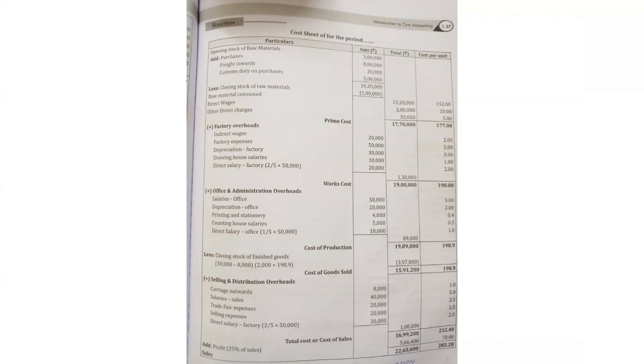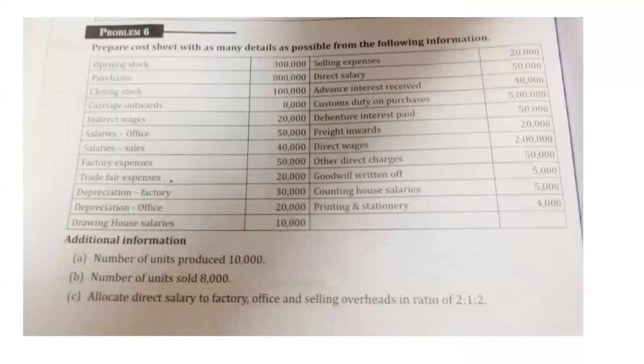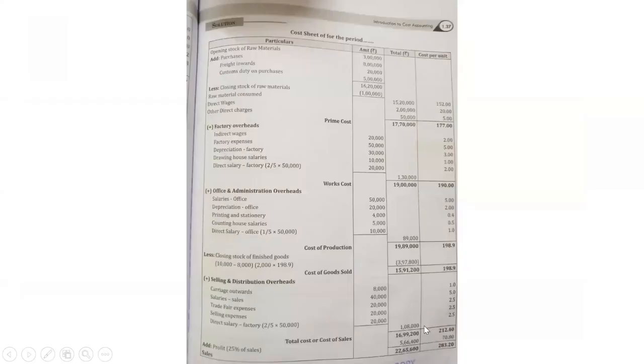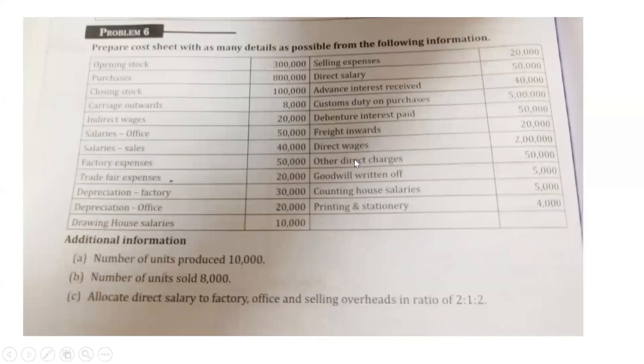And for direct salary, there is an adjustment, I believe. Yes, see here. Allocate direct salary to factory, office, and selling overheads on a ratio. They have given the ratio 2:1:2. So the total amount of direct salary here is 50,000.